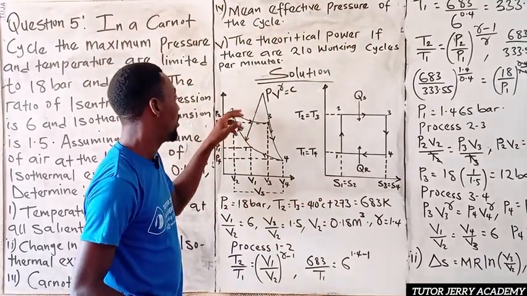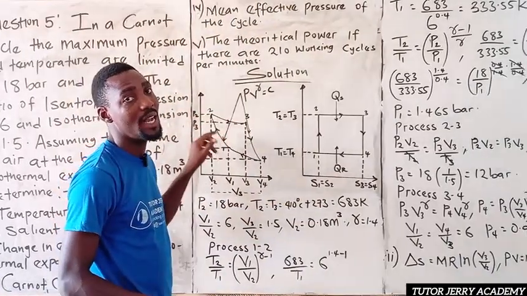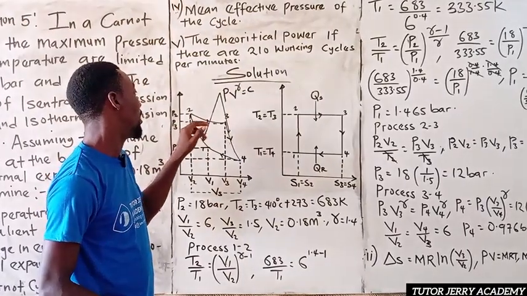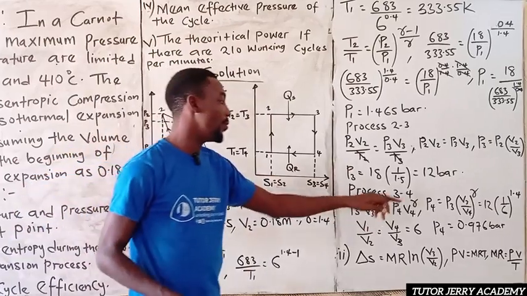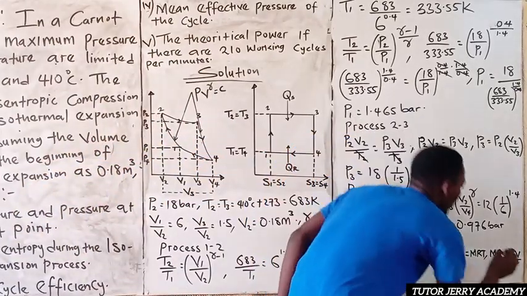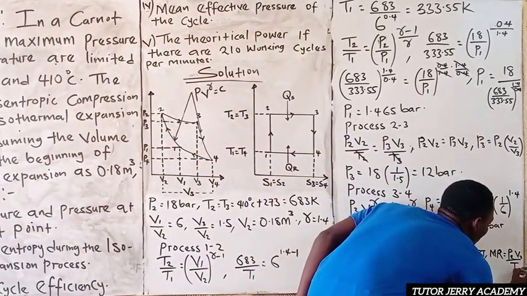Definitely it must be at the beginning of the isothermal expansion process, which is going to be P2 V2 over T2.